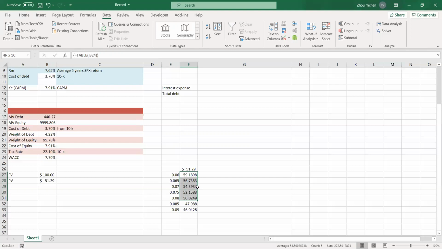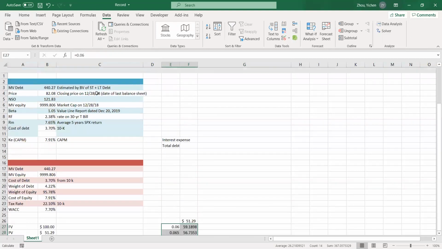Therefore, the fair value of the company's stock will decrease. After you get this range of numbers, you could also create a football field chart, which can give your audience and you a really clear image about the fair value of the company. So that's all. Thank you.